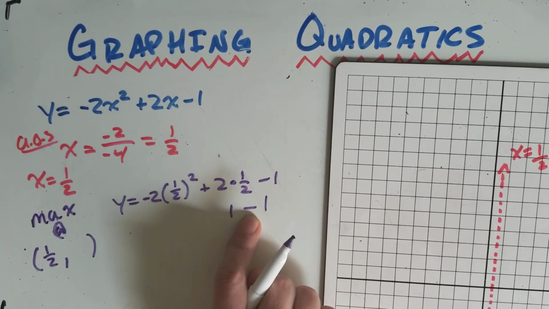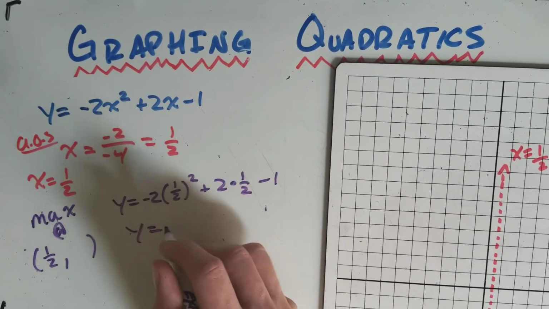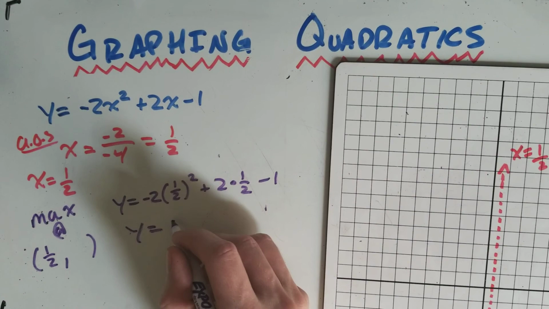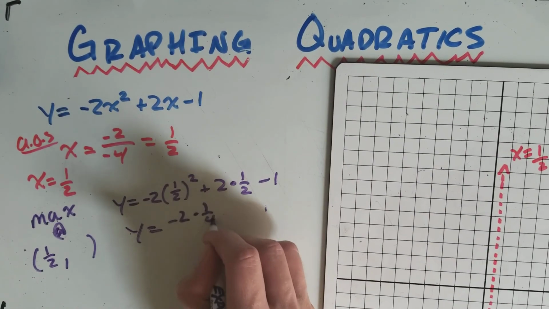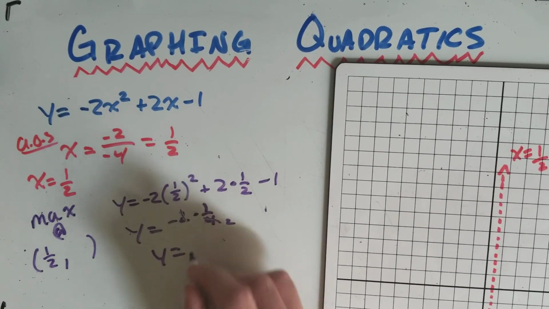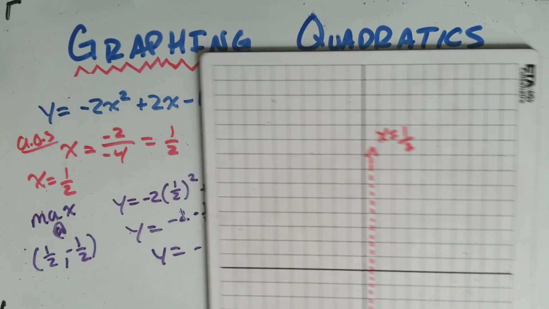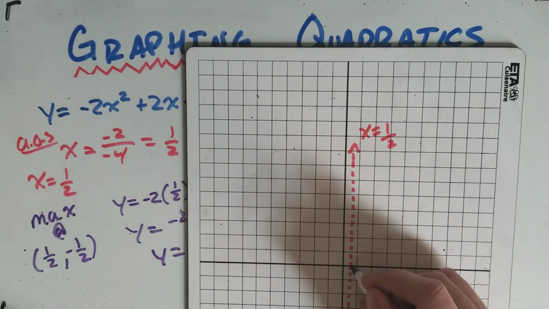This whole thing's going to cancel out, so we're going to end up with a 0 over there. So we just need to simplify this part. 1/2 squared is 1/4, so -2 times 1/4. Y is -1/2. So that means our vertex is 1/2, -1/2.